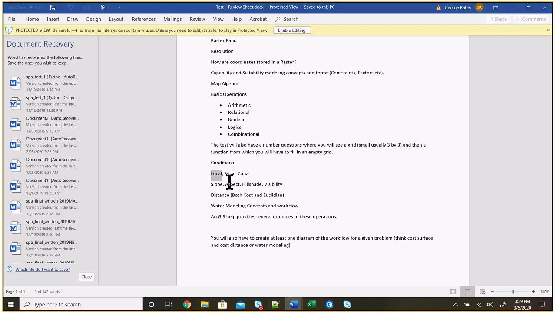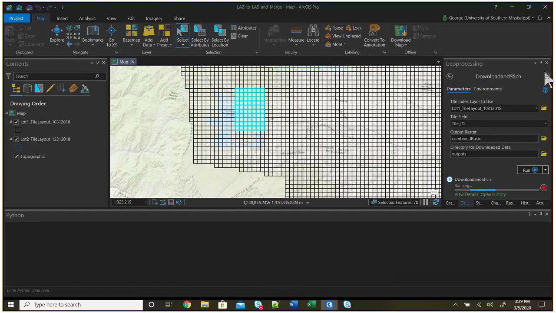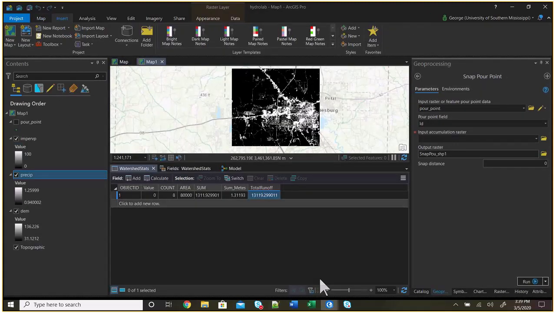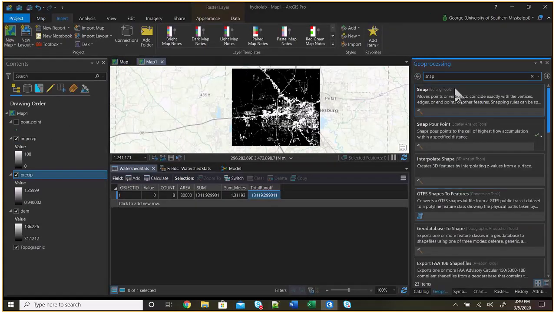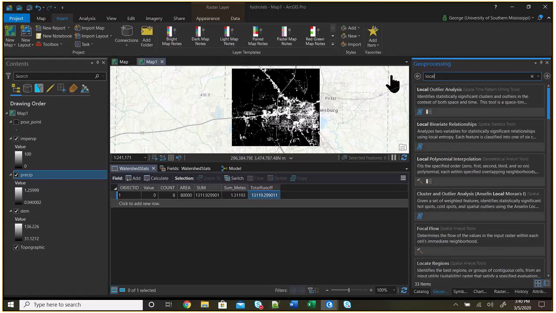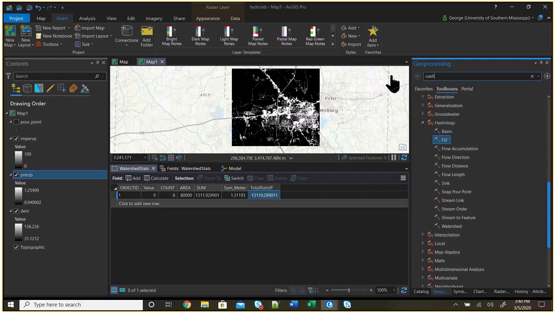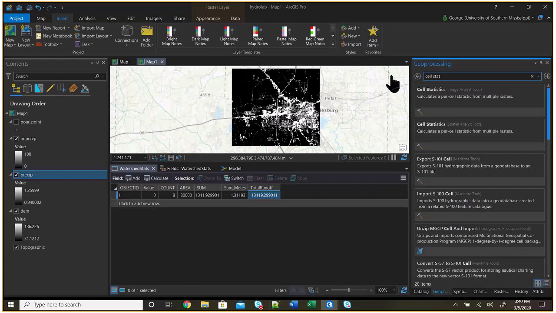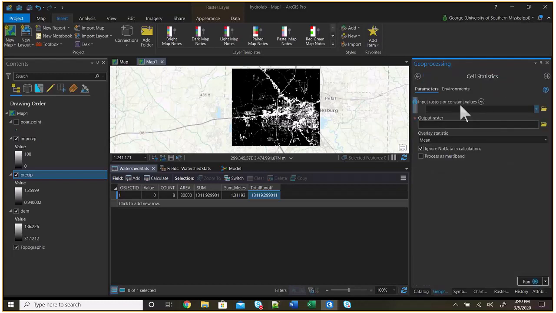I can even add 5 rasters together, or 6, using that local. In ArcGIS, I think we used it once. Oh, it's just called cell statistics. But that cell statistics is an example of a local operation that uses multiple rasters, but it's still just looking at cell by cell by cell.